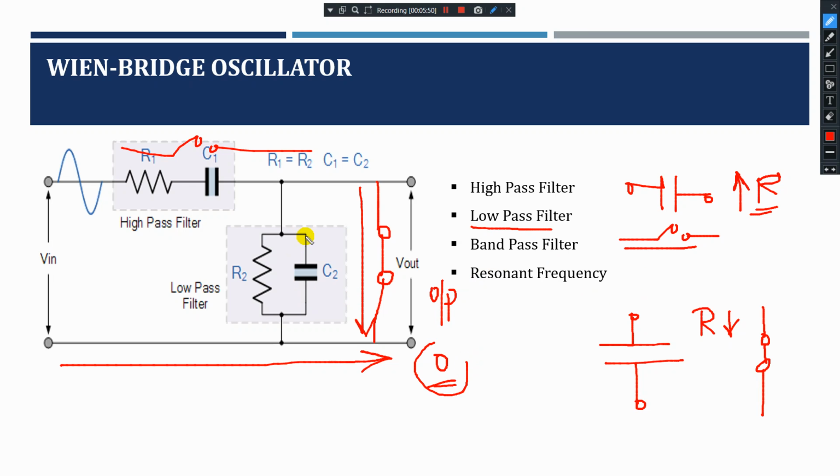Same way, when a capacitor is connected in parallel at high frequency, the reactance is low and it becomes a closed circuit. It becomes a short circuit of your output. So your output becomes again 0.